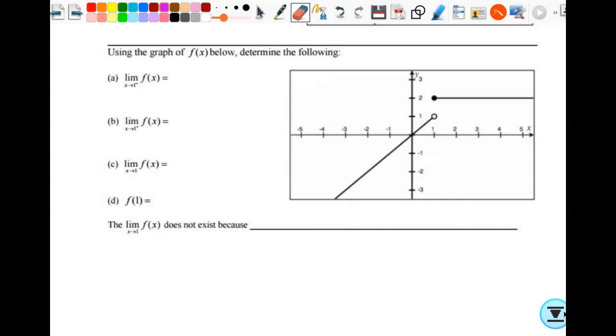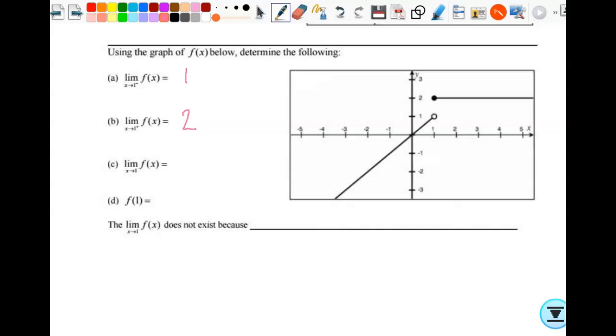We want the limit of the function, and this is our function, as x approaches 1 from the left. So as x approaches 1 from the left, what's the limit? 1. It's our y value. The limit as x approaches 1 from the right is 2. So does the limit as x approaches 1 exist?